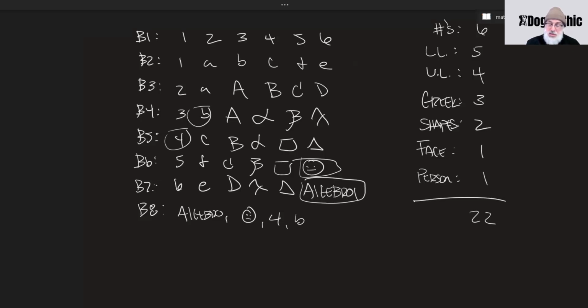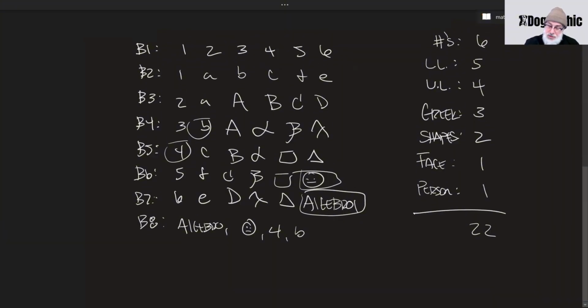So uppercase, lowercase, numbers, shapes, Greek, algebra, and face are all burnt, I think. Yeah. So I think this is correct.